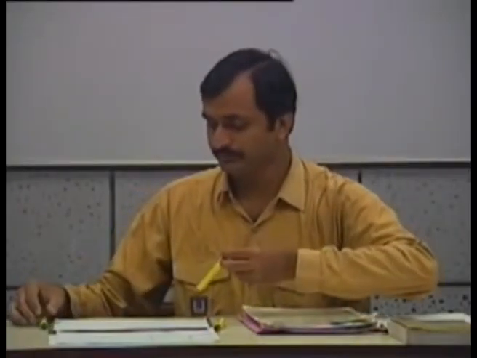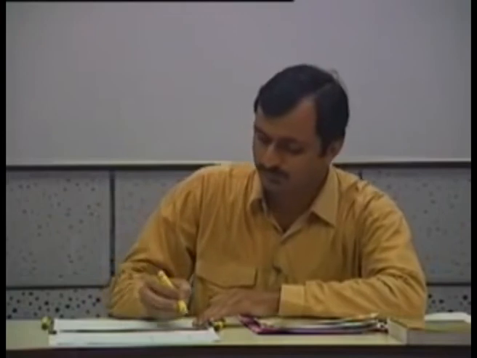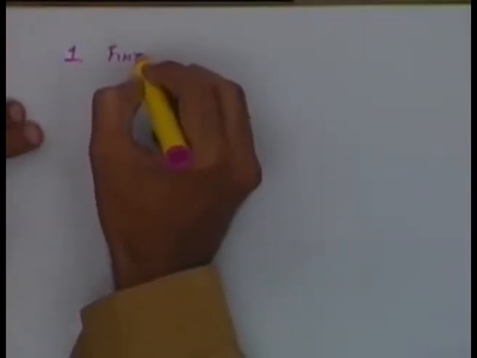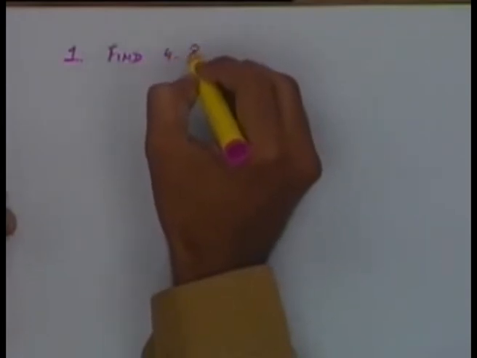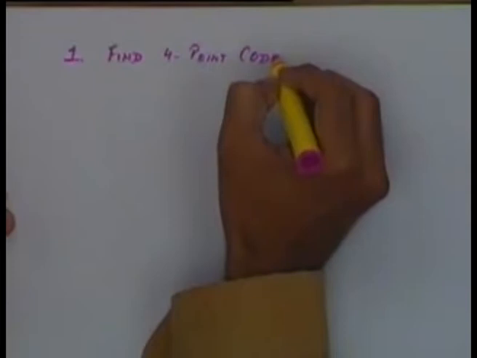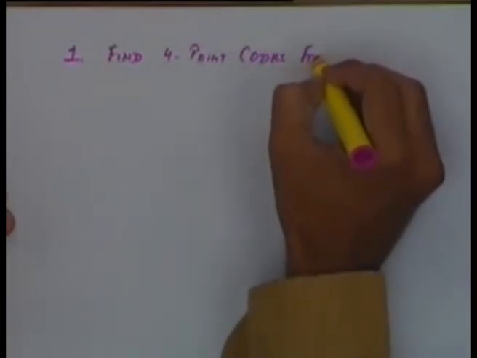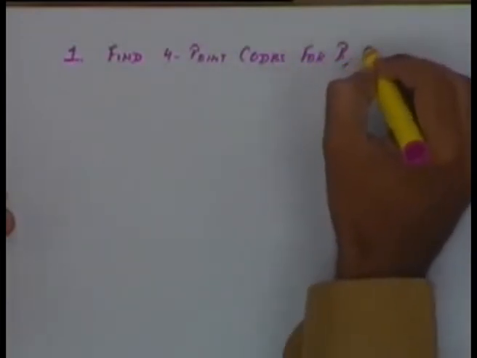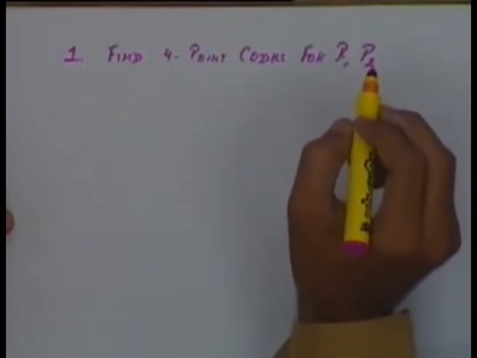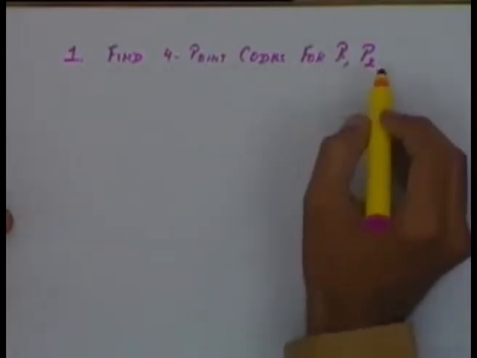Okay, so if I write it crudely, the first step is find 4-point codes for P1 and P2. We are trying to clip the line segment P1, P2. Okay, so we will find the 4-point codes for P1, P2.